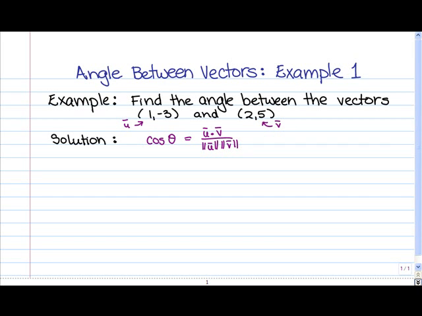Assuming though that you're able to compute the quantities on the right hand side, what you then find is cosine theta. Now, once you've got cosine theta, you still have to find theta, but all you have to do for this is use the cosine inverse button on your calculator. So just make sure your calculator is in degree mode for this question.